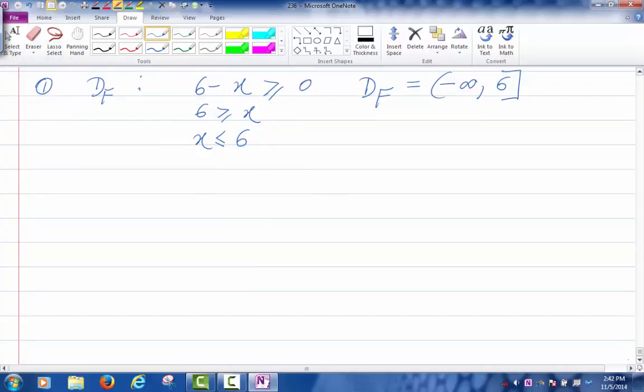All right. Once we have the domain, the second step is you want to determine the terminal behavior.